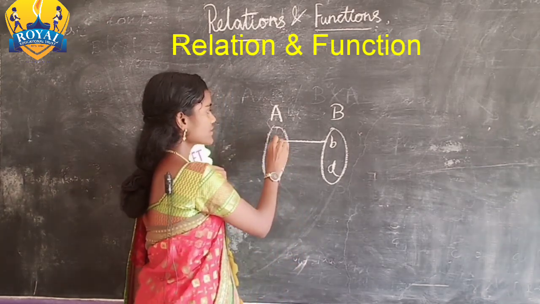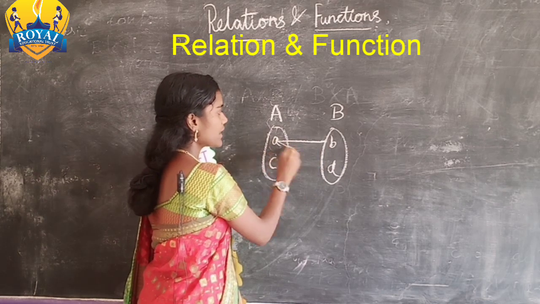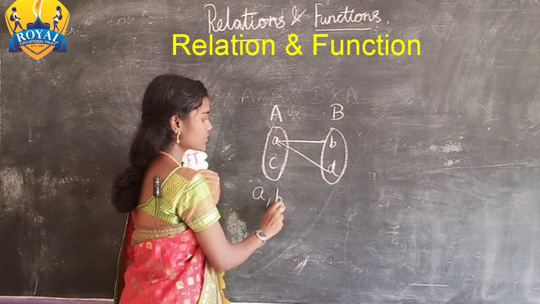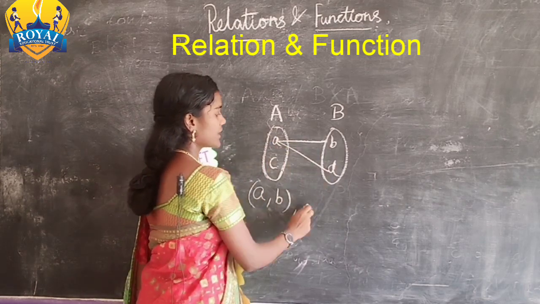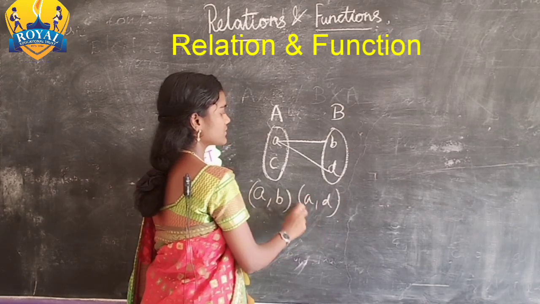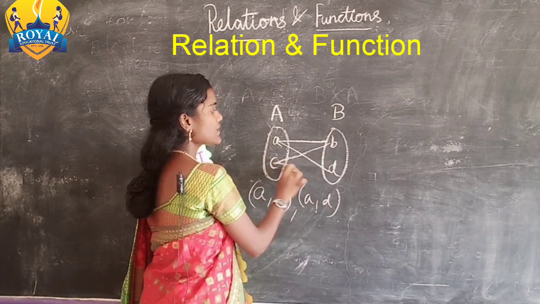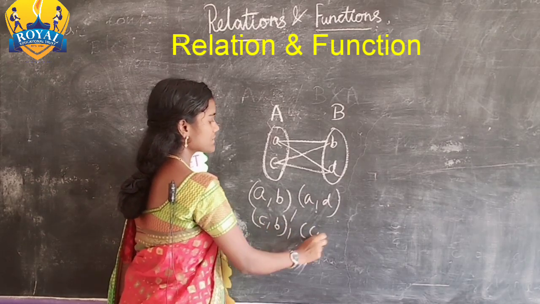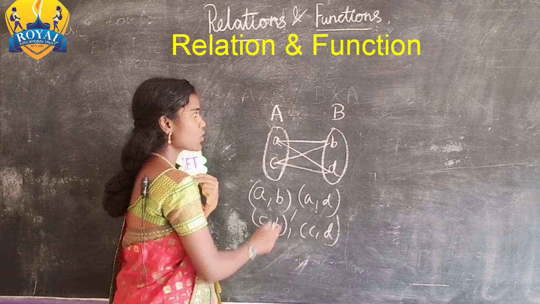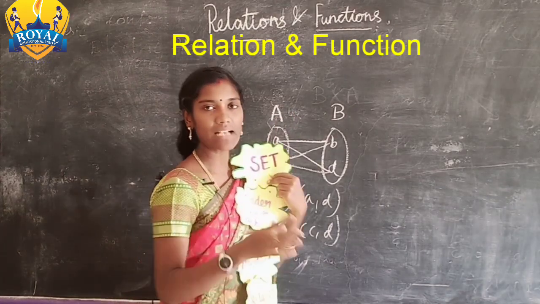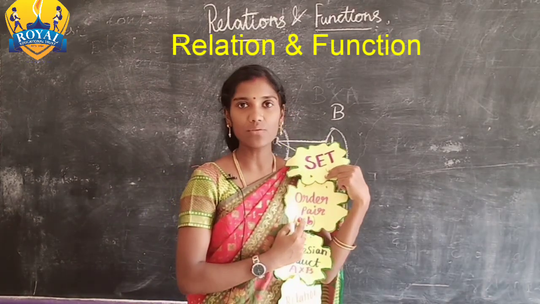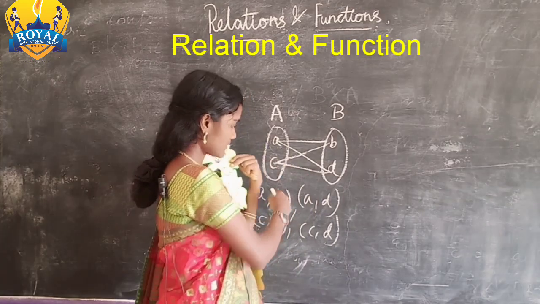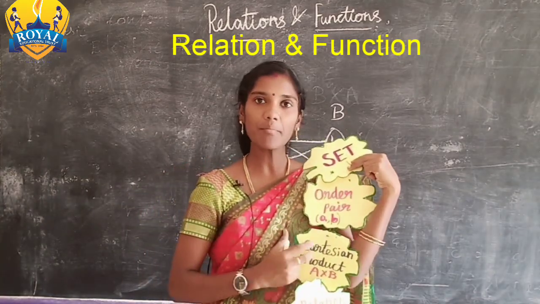That is, each one is A to B, A to D. So you write (A, B), then (A, D). Next, C to B, C to D. You write (C, B), (C, D). So two sets combined together give ordered pairs.